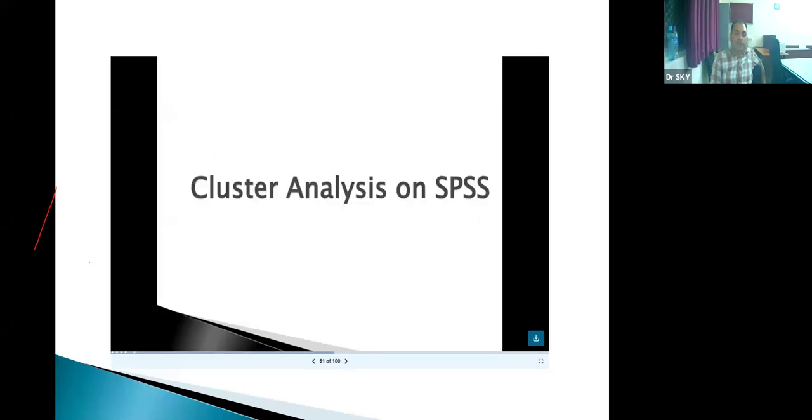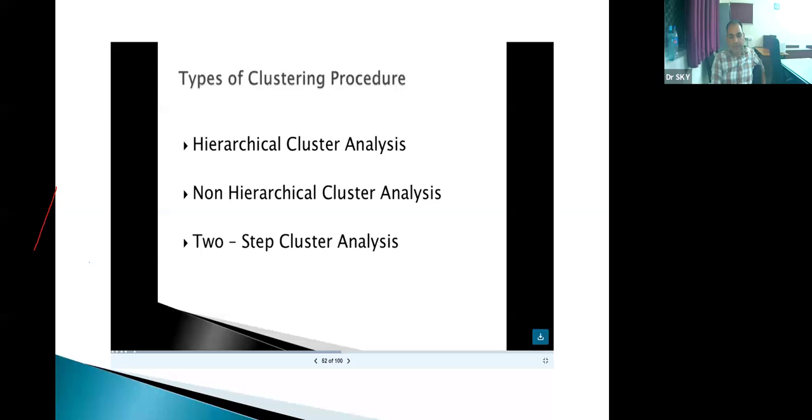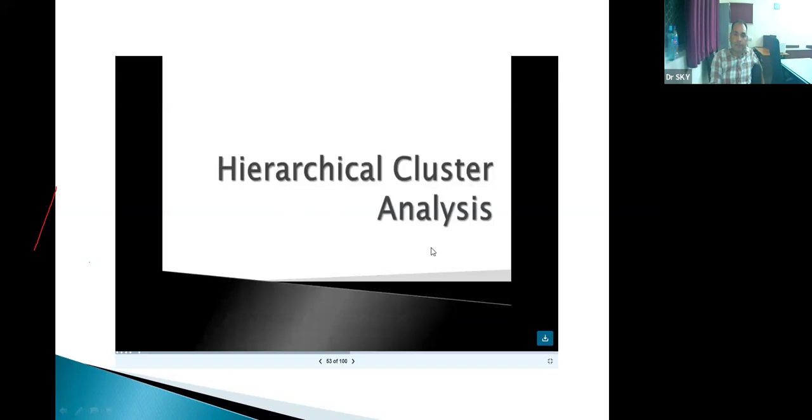Now, how this cluster analysis is done in SPSS, very quickly we'll see, and then we will be doing hands-on on that. The types of cluster procedure are hierarchical cluster analysis, non-hierarchical cluster analysis, and then two-step cluster analysis.